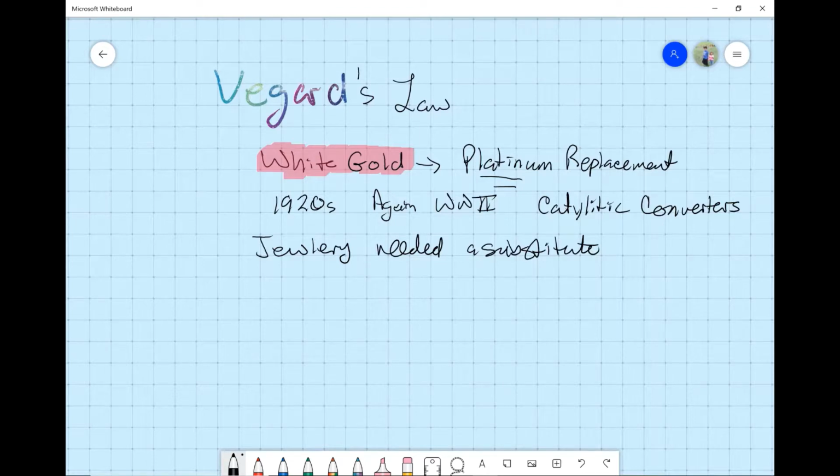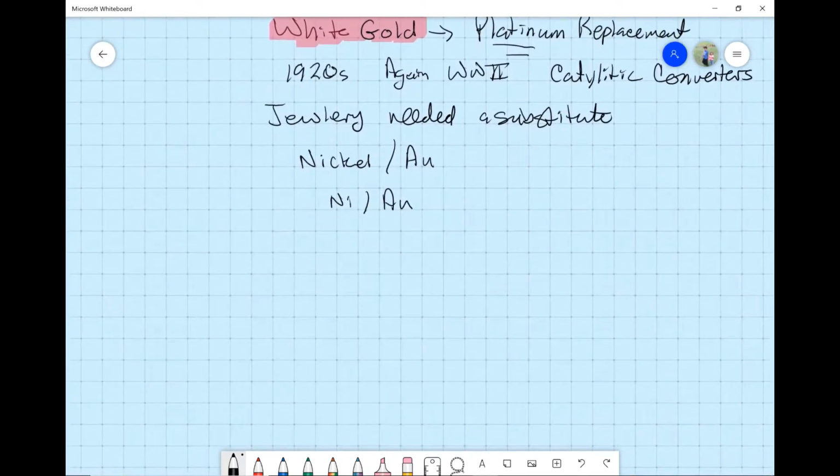Nickel, silver, and palladium. So let's just use nickel and gold. And AU is aurum if you're into the Latin of where these elements come from.